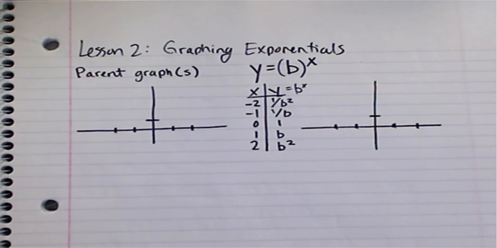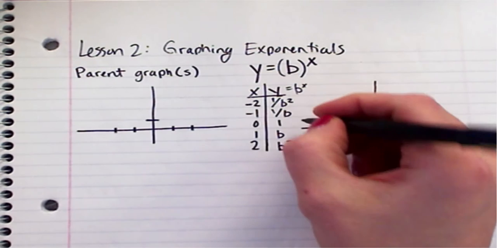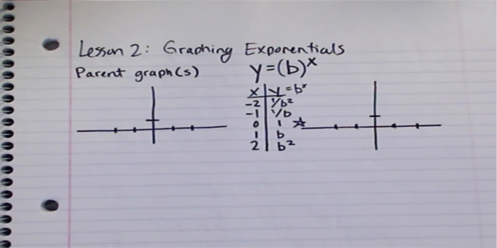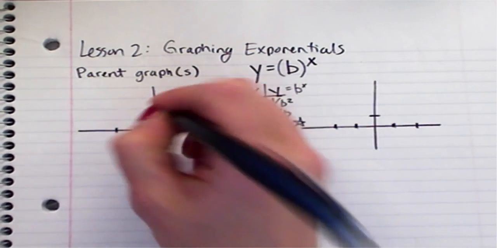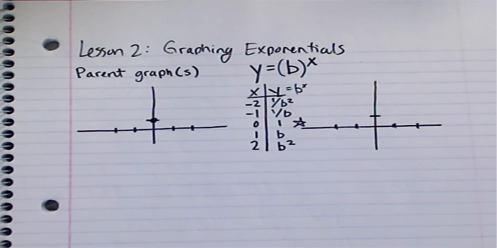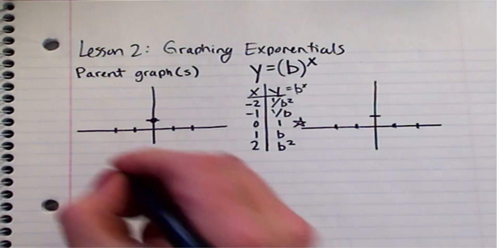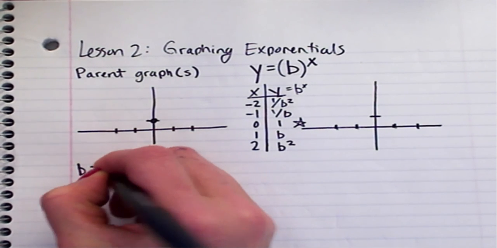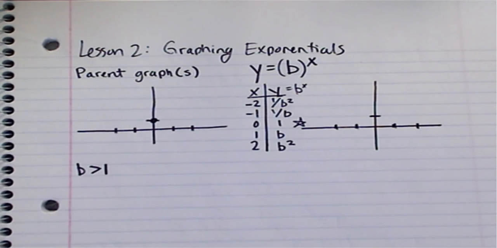Okay, now, let's graph it. The only point I can graph is right here, 0, 1. That's the only point that actually has a number for the x and the y. And so let's put that on the graph. We're going to start with the case where the base is more than 1, like 2 or 3 or 4 or 3/2 or 1.1.